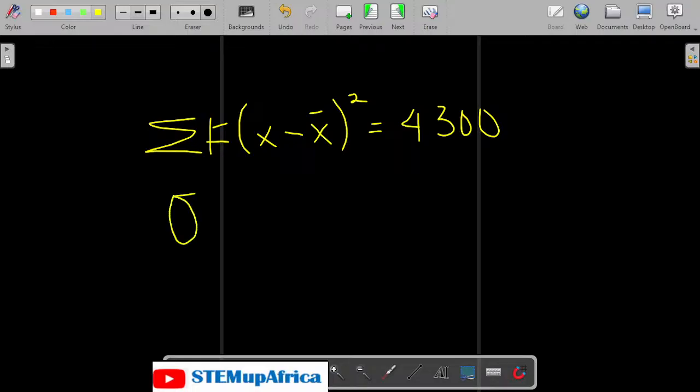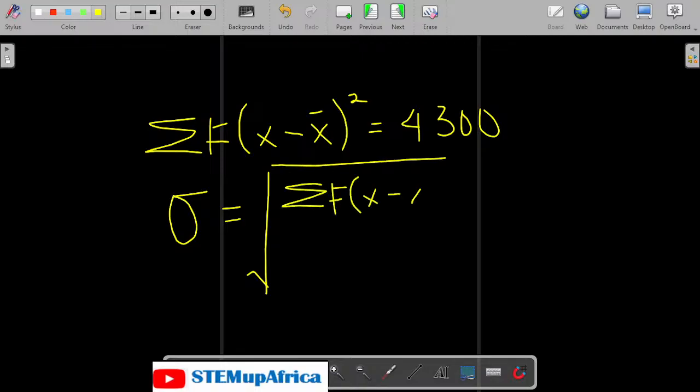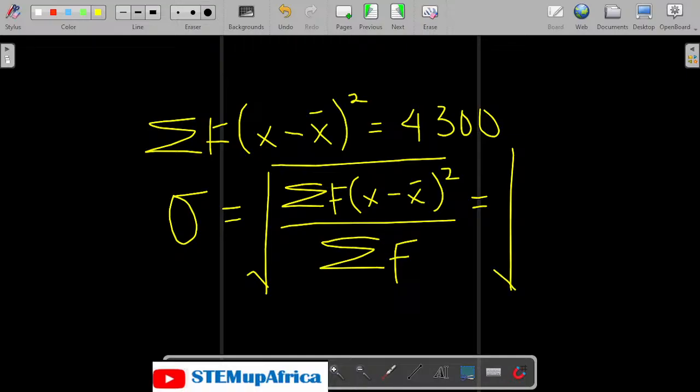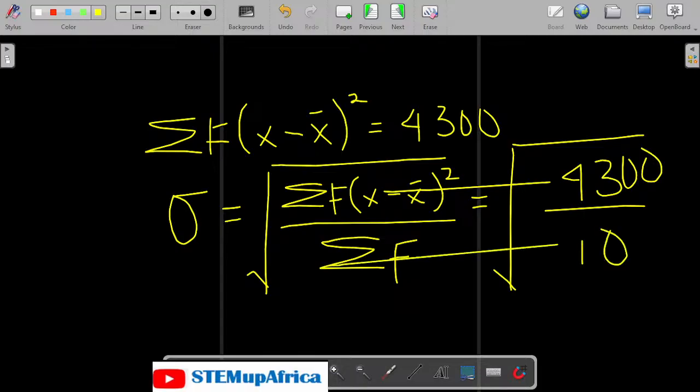My standard deviation now is the square root of summation f into x minus x bar squared over summation f, which is, so this value now stands for what? 4,300. Summation f stands for what? 10. I will divide 4,300 divided by 10.